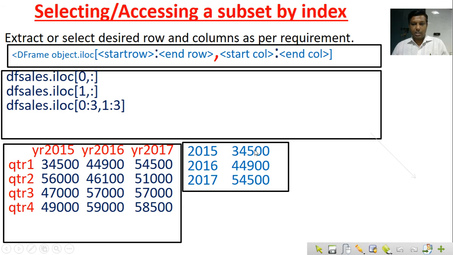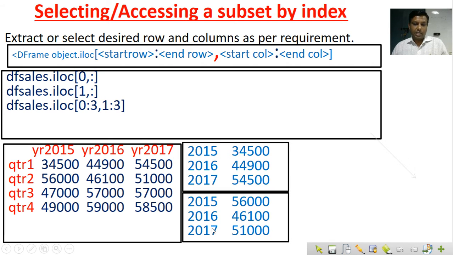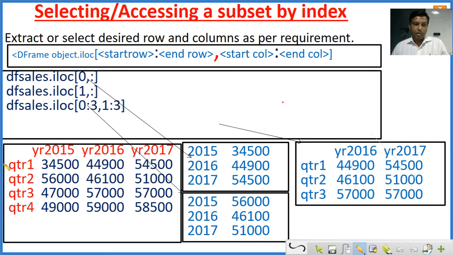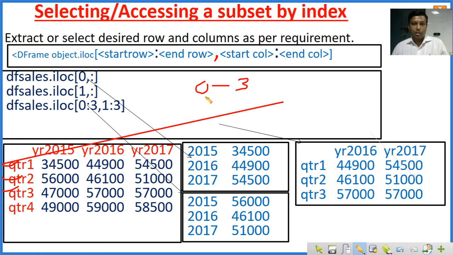Here 0 to 3 means 0, 1 and 2, because it goes up to n minus 1. So quarter 1, quarter 2 and quarter 3.